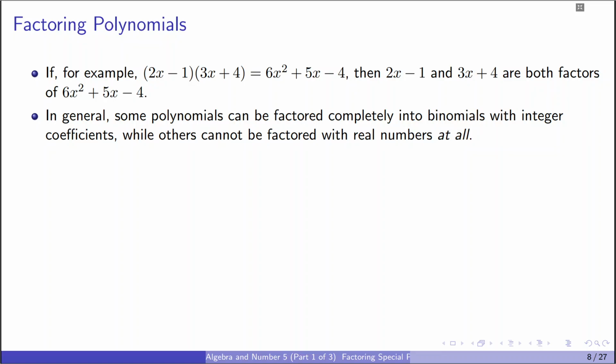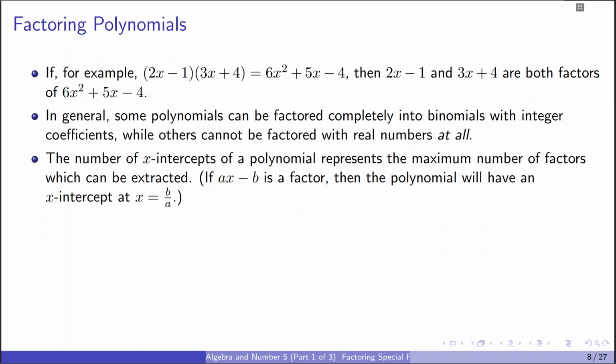In general, some polynomials can be factored completely into binomials with integer coefficients, while others cannot be factored with real numbers at all. The number of x-intercepts of a polynomial represents the maximum number of factors which can be extracted.